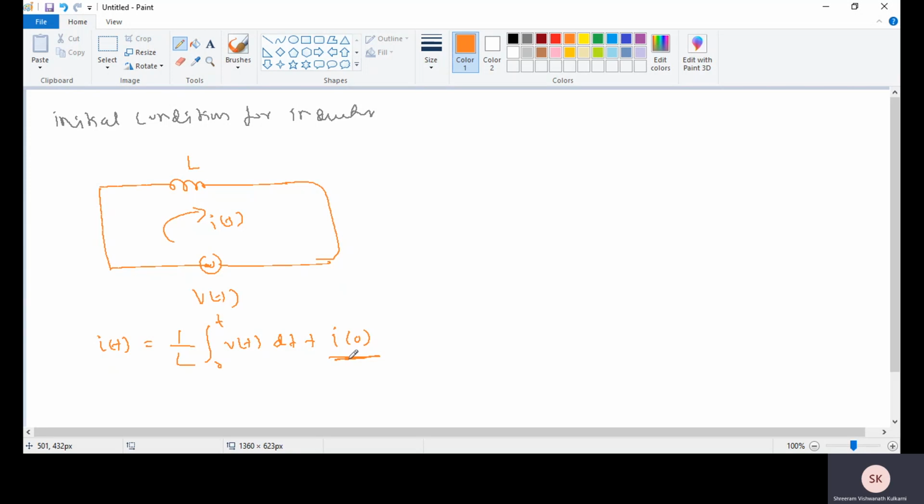Okay, this I of 0 is the initial current before the closing, at I0. Okay, if this current I0 at t equal to 0 minus is 0, if the initial current through the inductor is 0, then the inductor will behave as an open circuit at t equal to 0 plus.